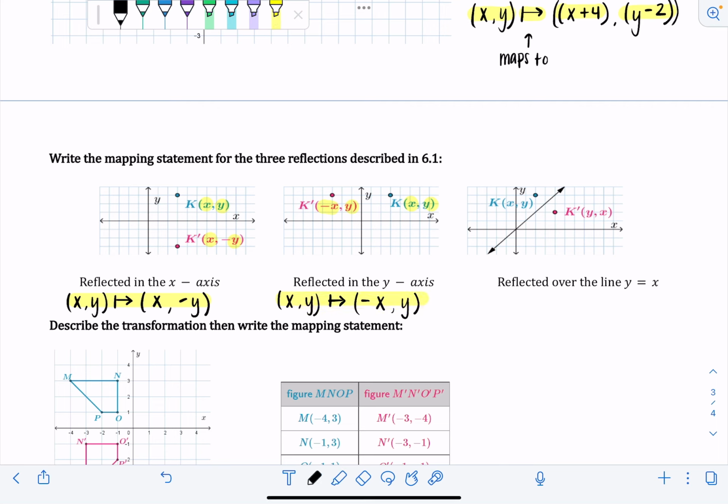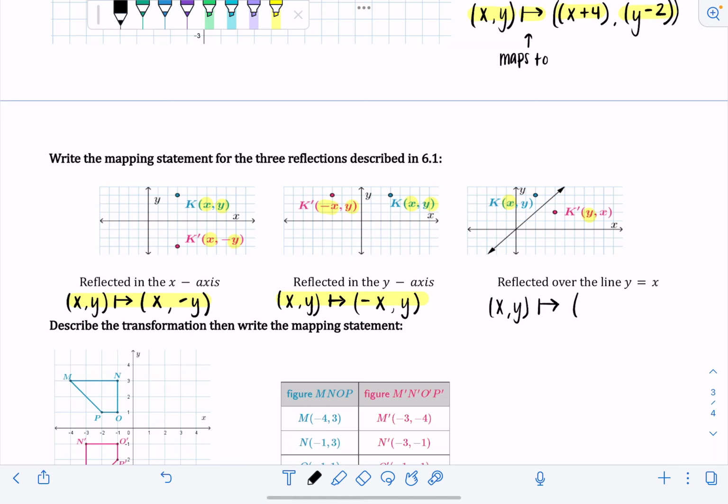And then on our last one, we're starting with xy. It always starts with xy, and then maps to, and we just want to look at how the points are changing. So on our pre-image, which was K, my x coordinate was x, but then on my image, my x coordinate became y.